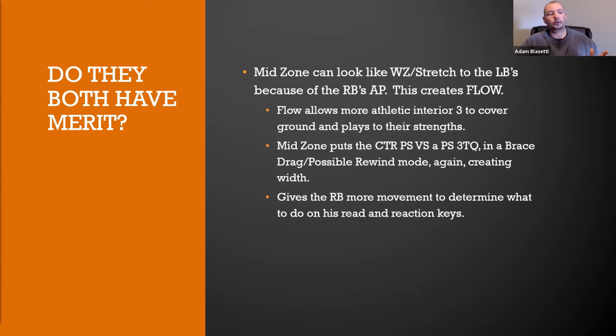So the more that we extend the A gap, the more that the backside 2i's technique for filling that gap works against him when we're running mid zone, because he gets in a hurry and tries to fill that gap aggressively, which allows the backside guard to drive him through the A gap into the front side B gap, because the momentum of the defensive lineman is already taking him there.